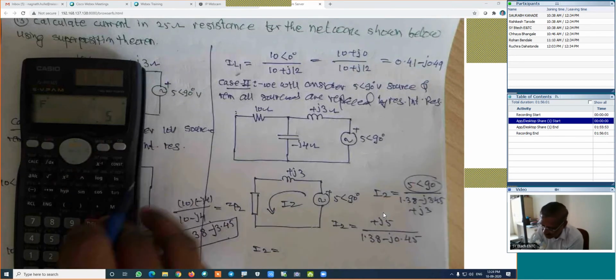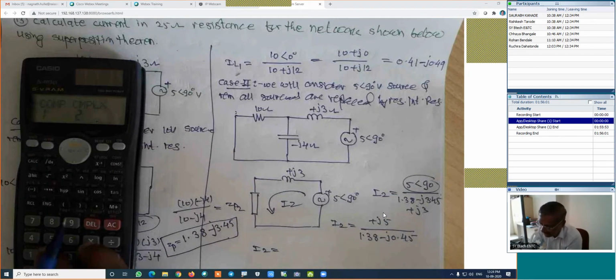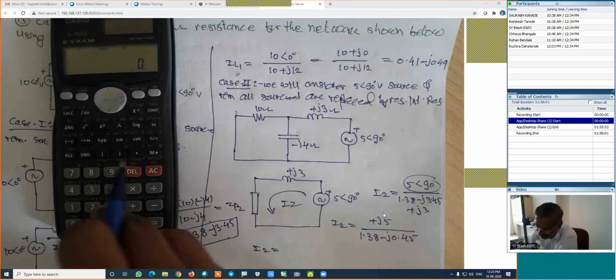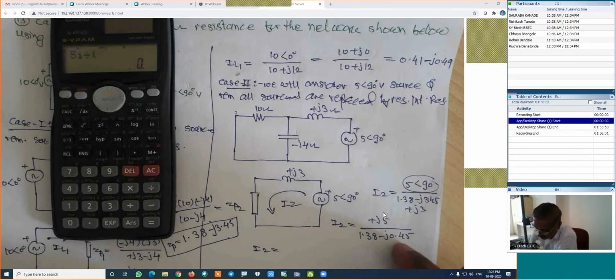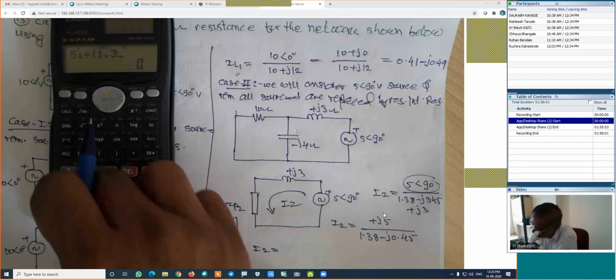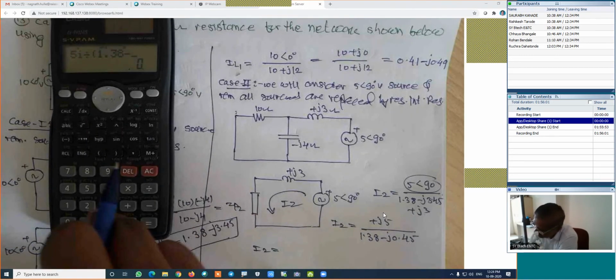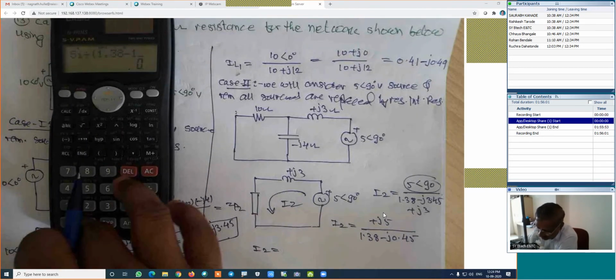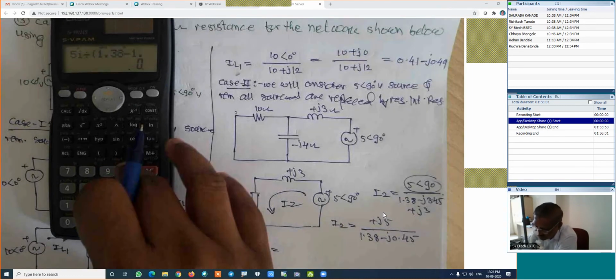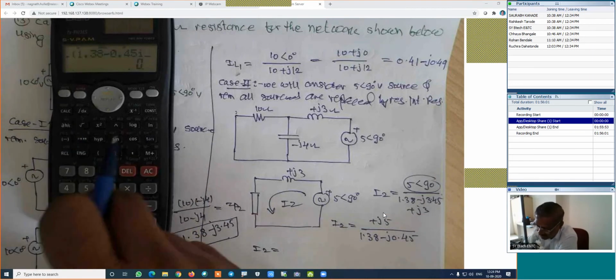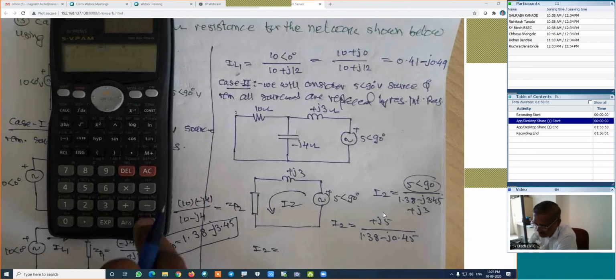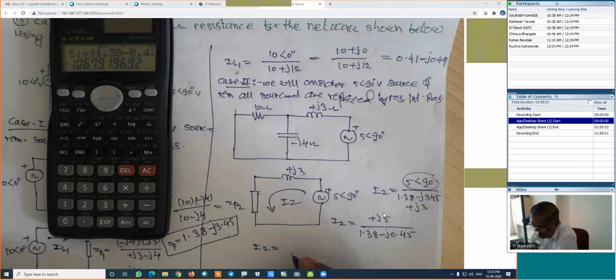I will shift the calculator to complex mode and do this division. 5i divided by bracket start, 1.38 minus 0.45i, close the bracket, is equal to this value, minus 1.06 amperes.